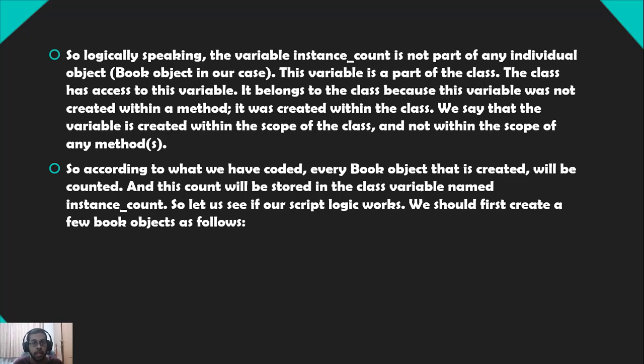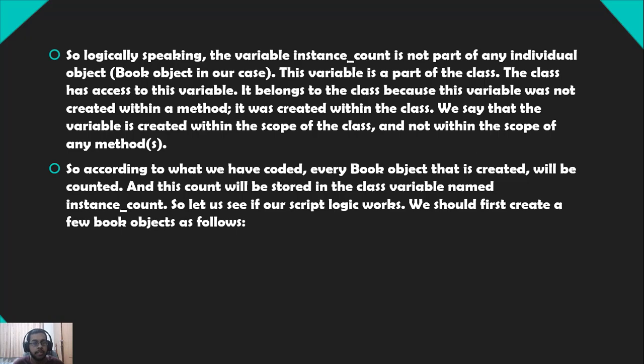It belongs to the class because this variable was not created within a method. It was created within the class. We say that the variable is created within the scope of the class and not within the scope of any methods. So, according to what we have coded, every book object that is created will be counted, and this count will be stored in the class variable named instance count.